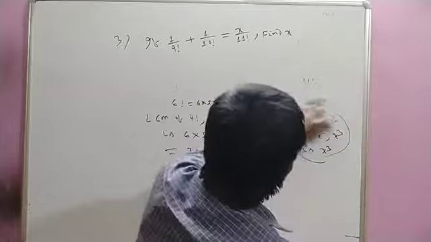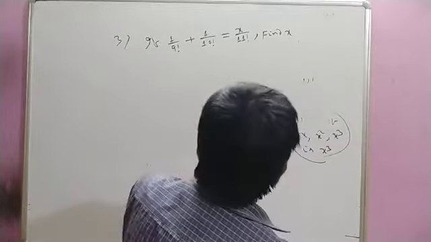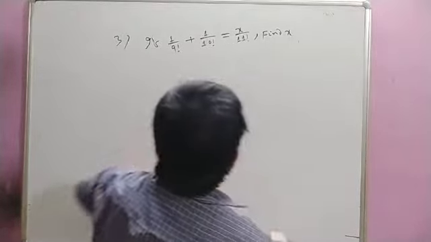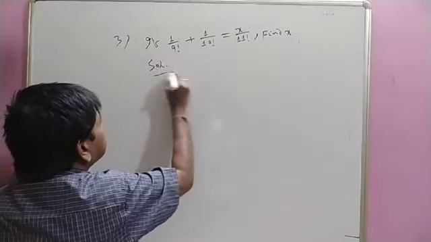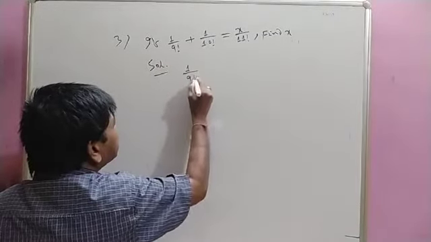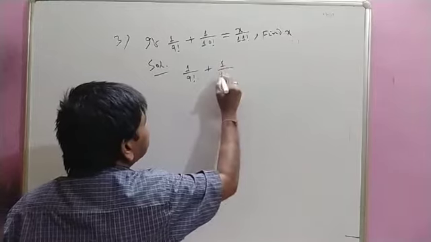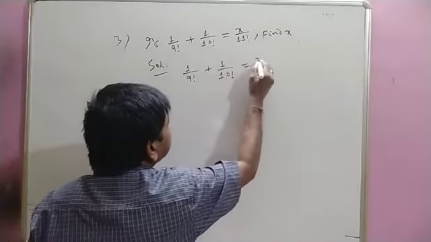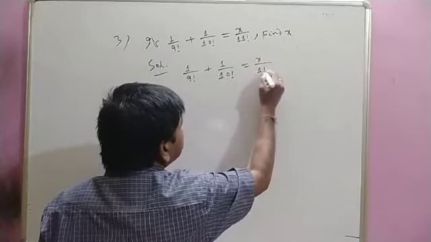So let us discuss this question. How can you solve it? Here is 1 by 9 factorial, the next is 1 by 10 factorial, and the right side is x by 11 factorial.